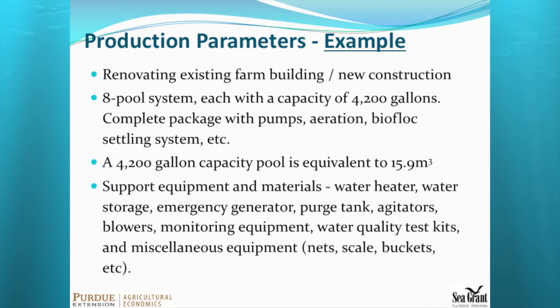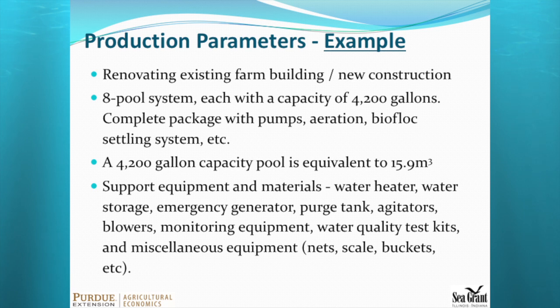So the example slides to come are based on these factors. You've already got a building that you're using or going to use. It's going to be an 8-pool system with that many gallons.